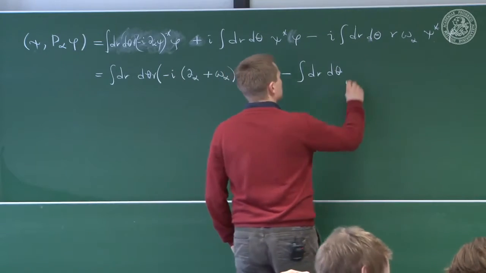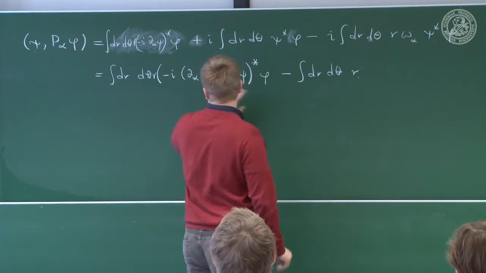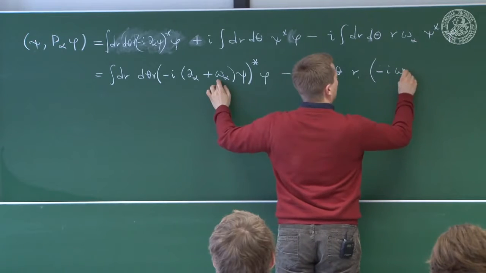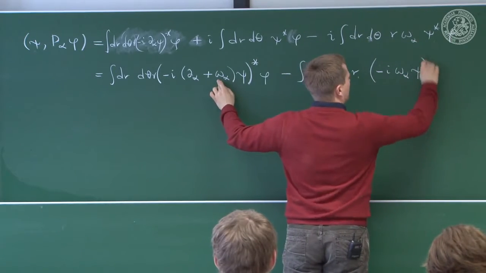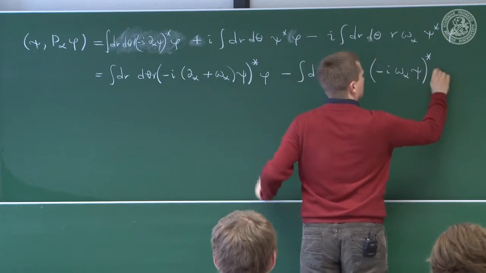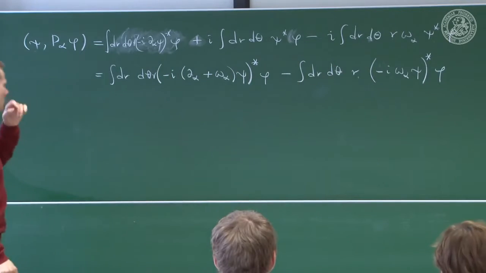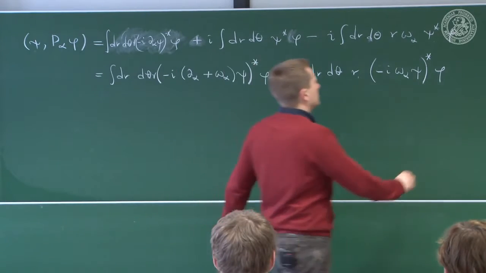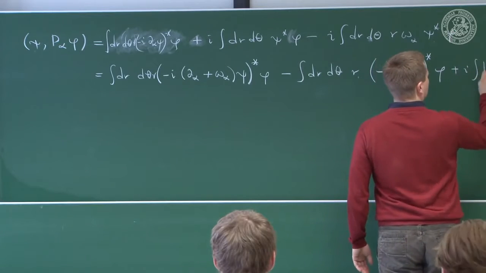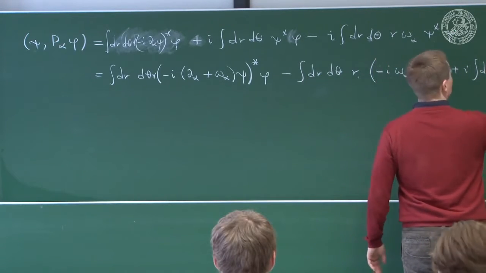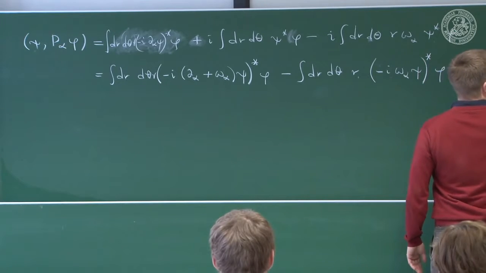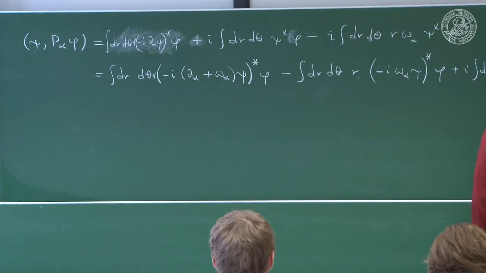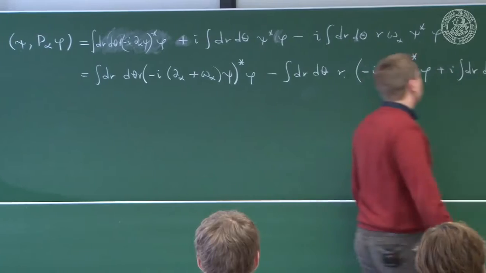So dr d theta r, so I take away what I added. What I added was minus I omega alpha psi starred phi. Do you all concur? That's what I added, and I subtracted again. And then there is a plus I dr d theta psi star phi minus I dr d theta r omega alpha psi star phi.